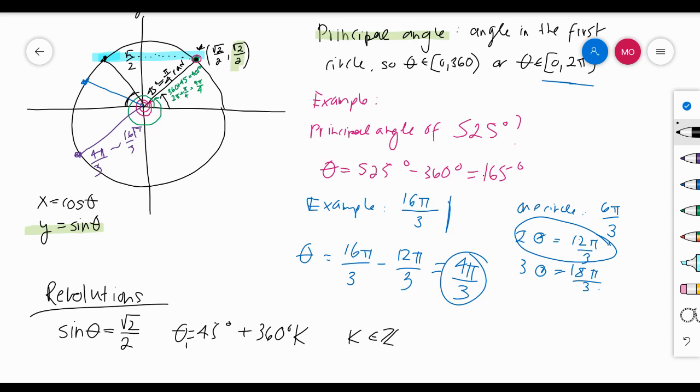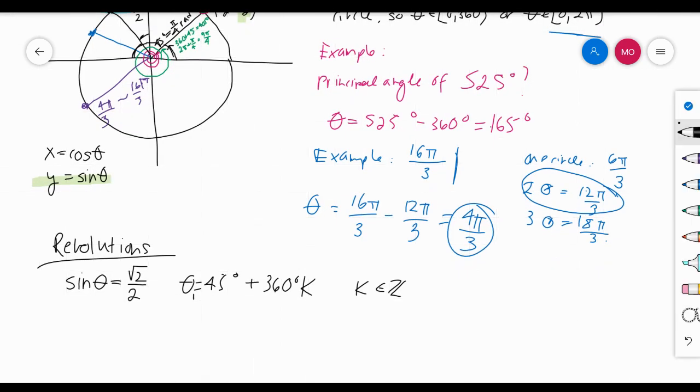So it would be 45 plus 45 plus 45, one for this, one for this, and one for this, meaning this is an angle of 135. So the second angle, for which we have sine theta equals root 2 over 2, is going to be 135 plus 360 times k, because again, we could keep going around the circle forever if we wanted to, and we would always get sine of root 2 over 2 every time we stop at that point.